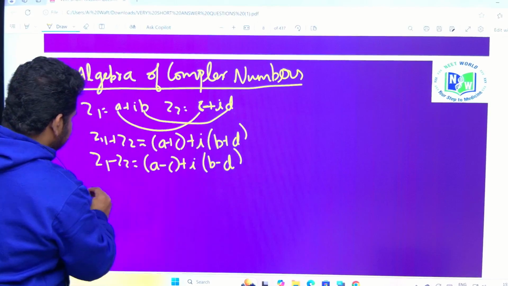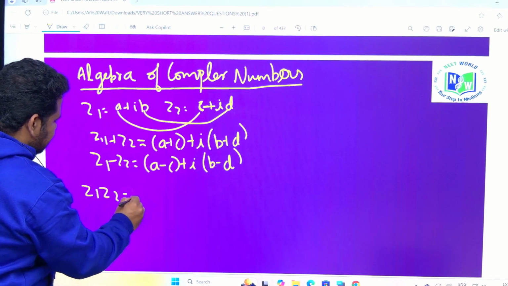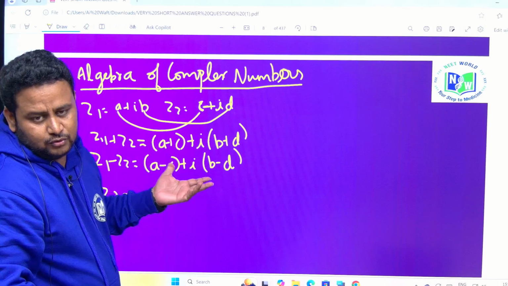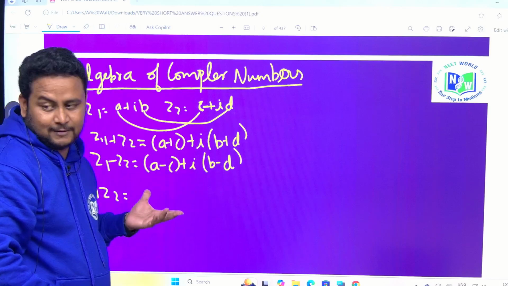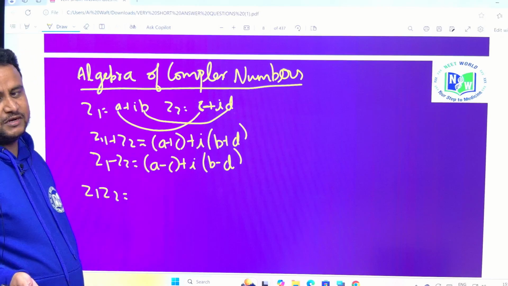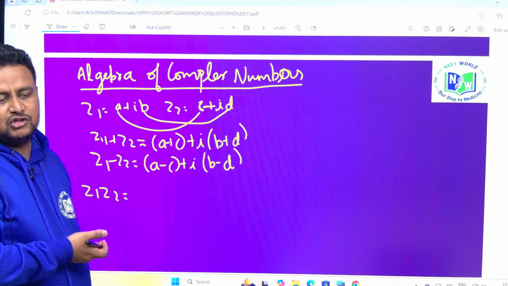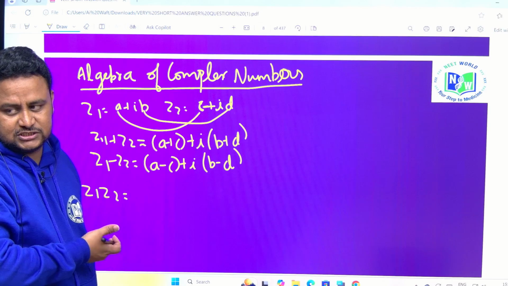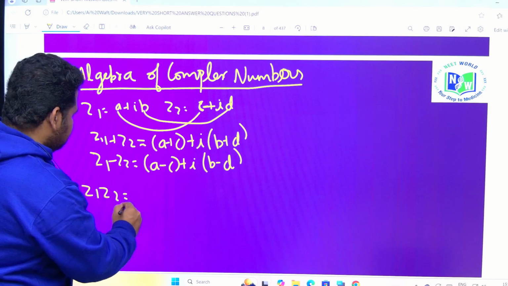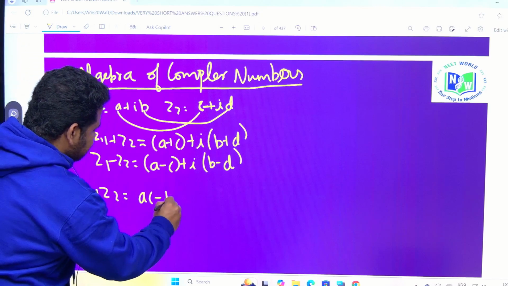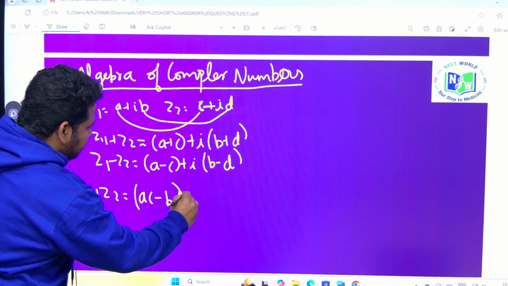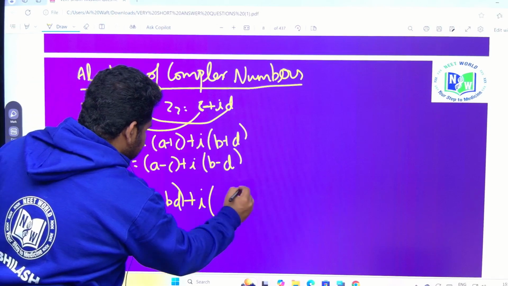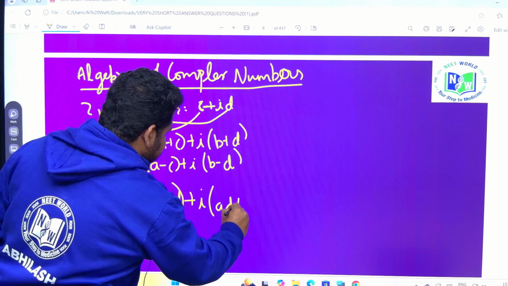When it comes to multiplication, you can multiply normally, or you can remember this formula. I want all of you to remember the formula, because you can directly solve the question fast and it will save time. It is (ac minus bd) plus i into (ad plus bc).